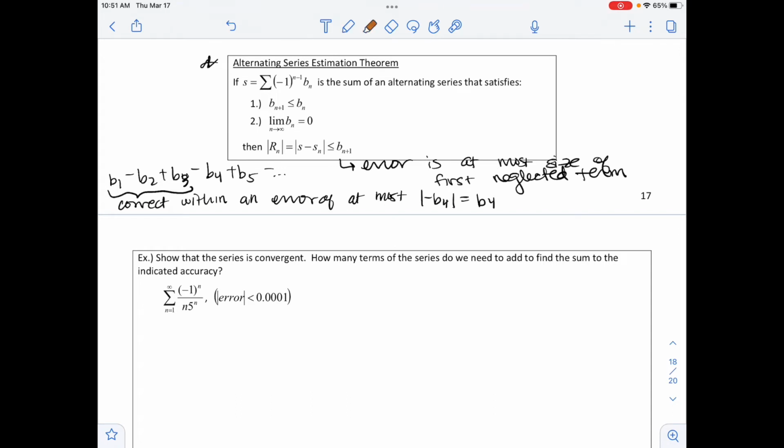And so b to the fourth right here, this is our first neglected term.